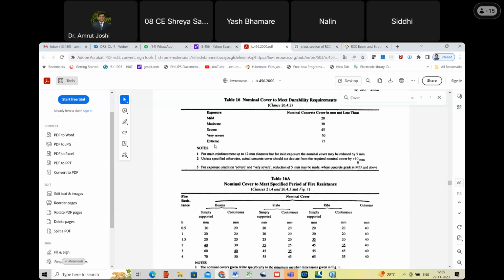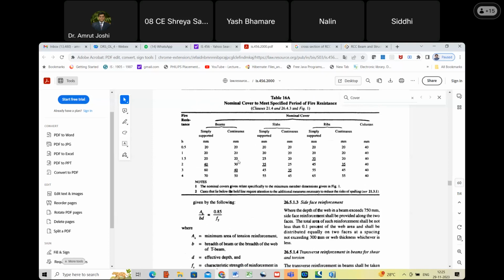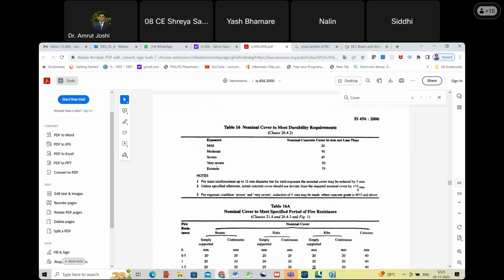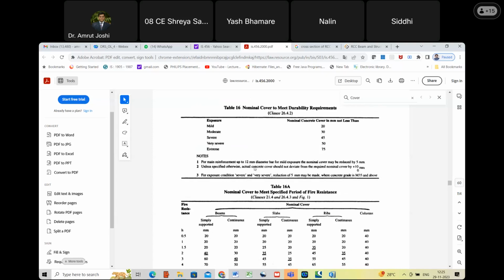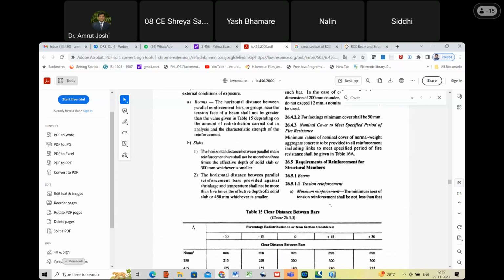So how to categorize whether the given zone is in mild, moderate, severe, very severe, or extreme environmental condition? Are you with me? Yes, sir. For that, there are clauses given in the same code.